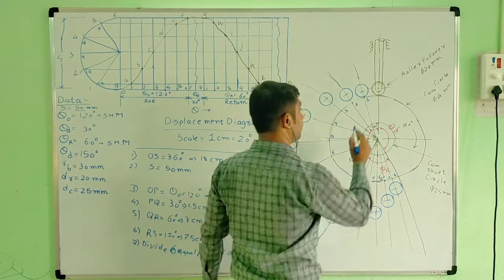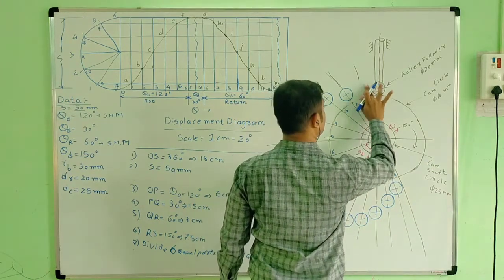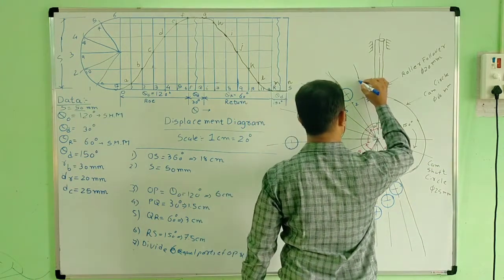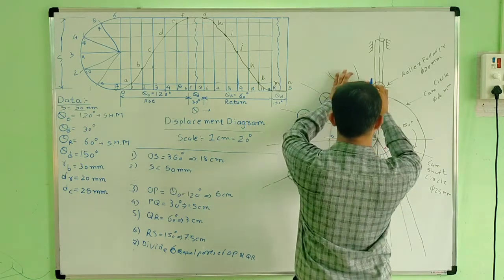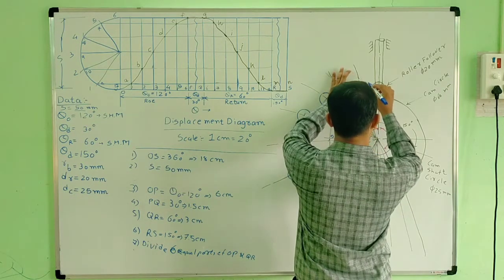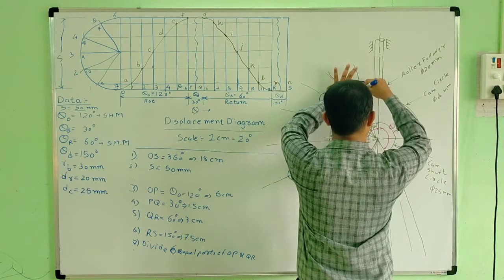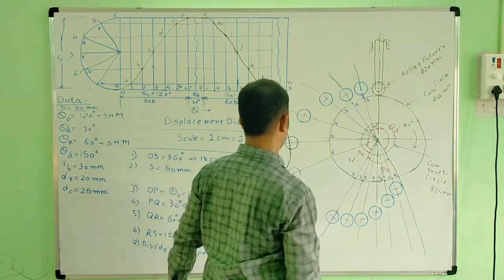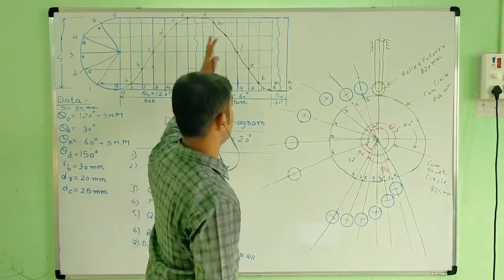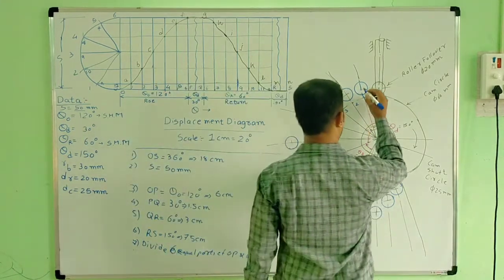Okay, so on these points as centers, A B C D up to N are the centers.